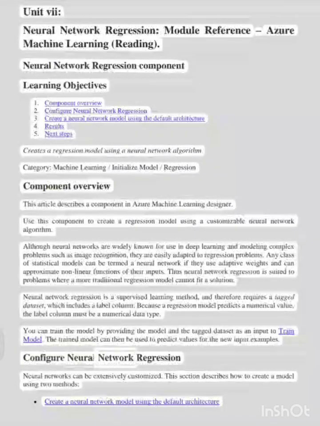Configure neural network regression. Neural networks can be extensively customized. This section describes how to create a model using two methods. Create a neural network model using the default architecture.